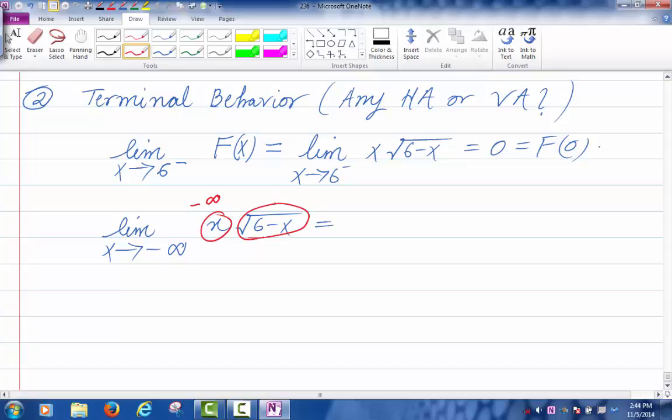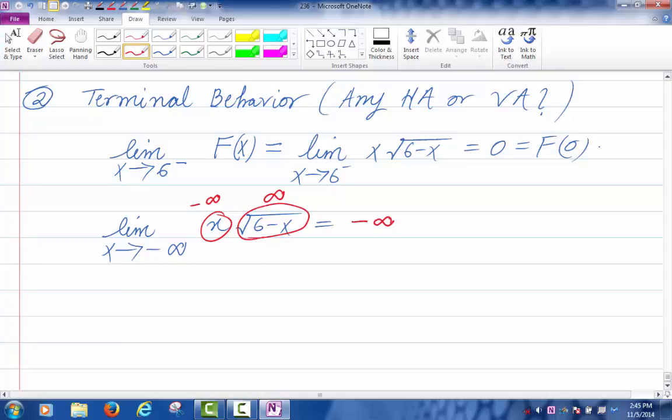It goes to positive infinity. As x goes to negative infinity, negative x goes to positive infinity, so 6 minus x will go to positive infinity. So one factor is becoming large negative, the other factor is becoming large positive. The product will be large negative, right? So the limit is negative infinity, okay? Is everybody okay with that? So that's the terminal behavior.